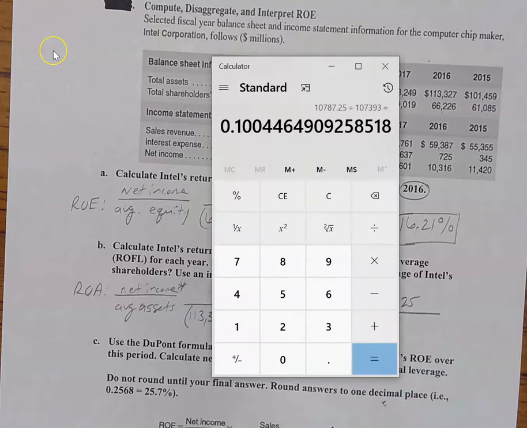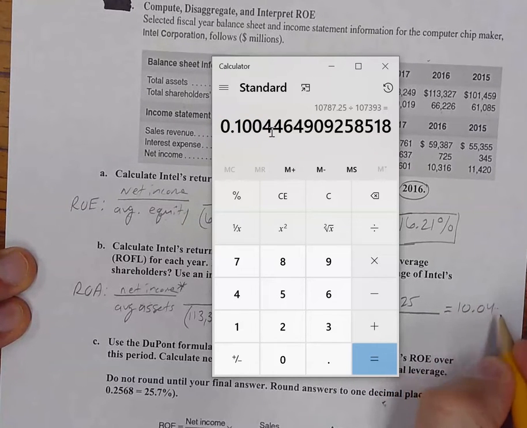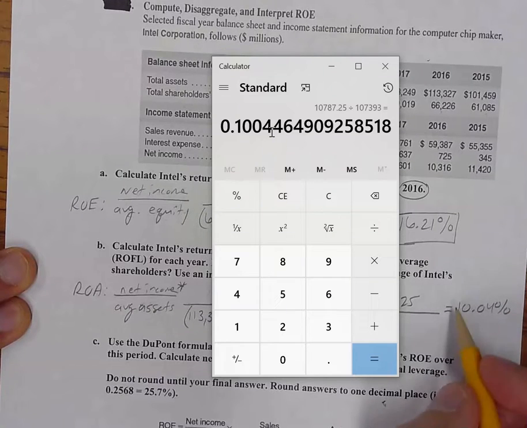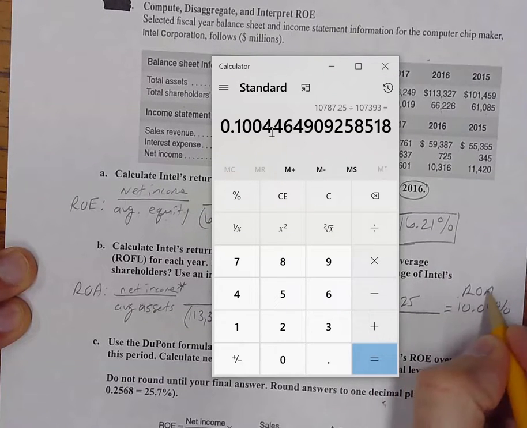And let's see here what we have. We have 10.04%. Okay, and this is ROA.